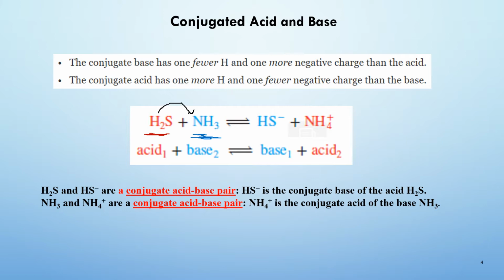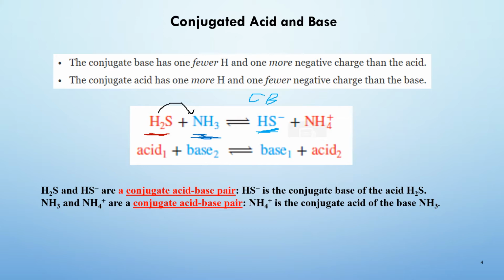After the acid loses the proton, it becomes HS minus. We say this HS minus is the conjugate base of the acid.